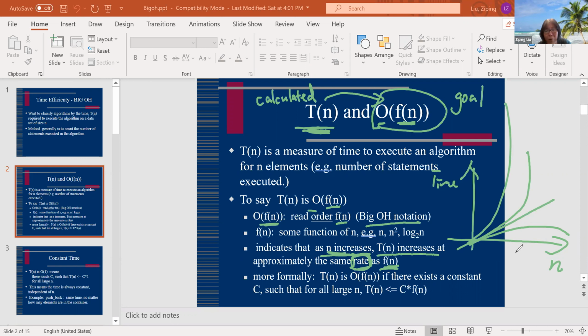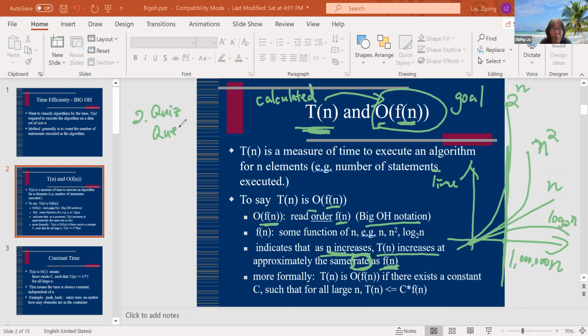Now think about it: if I draw a vertical line, and suppose this represents a million items, which one do you think is the most efficient? Suppose this is log 2n, this is n linear, this is n quadratic, this is 2 to the n. Based on this diagram, this is going to be the second quiz question.